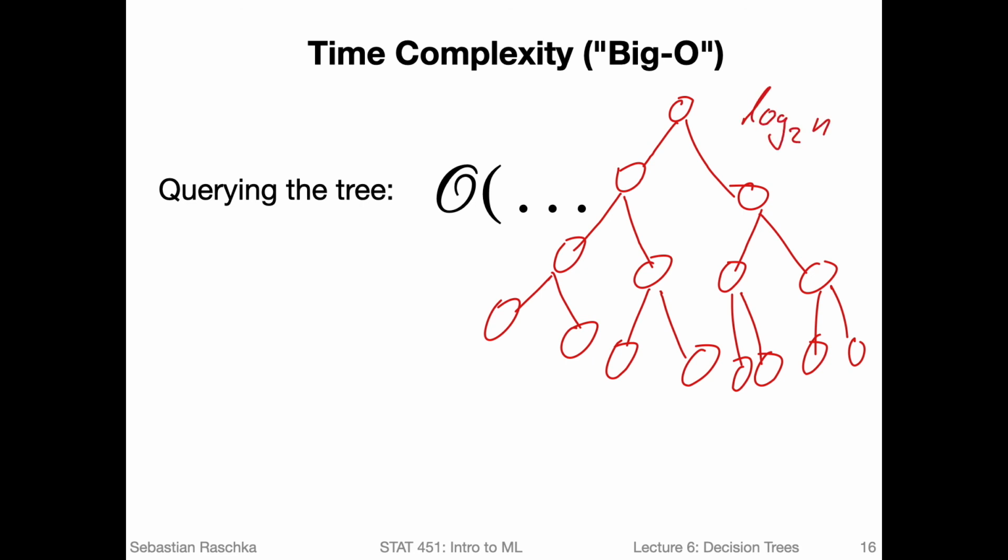And when we query a tree, that works as follows. We start at the parent node and then we ask a question: is this bigger or smaller than a certain value, or is there a certain category value? And then we go either left or right. Let's say we go left here, then we can already eliminate the whole right side. We don't even have to worry about that when we query, that means when we do the prediction.